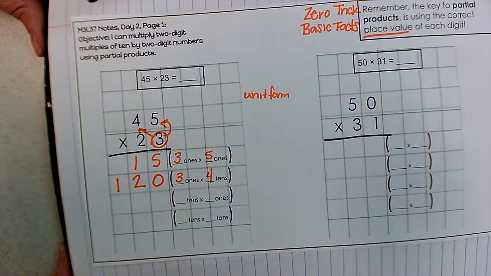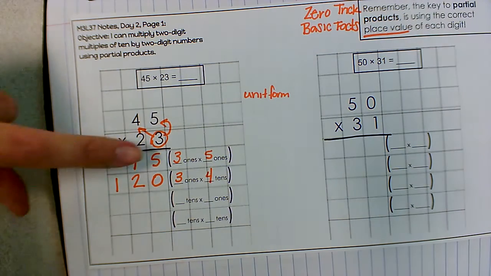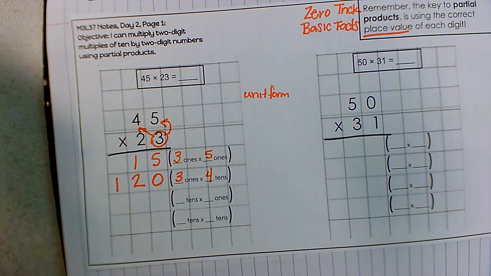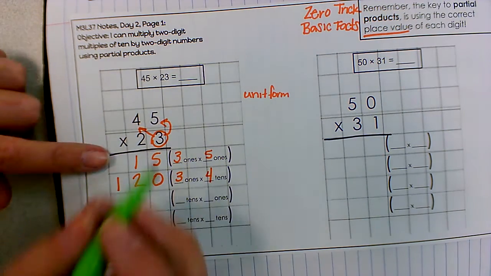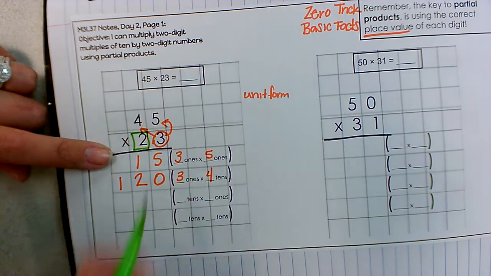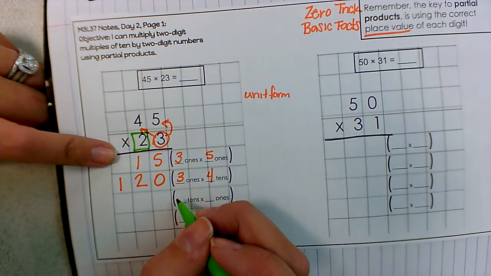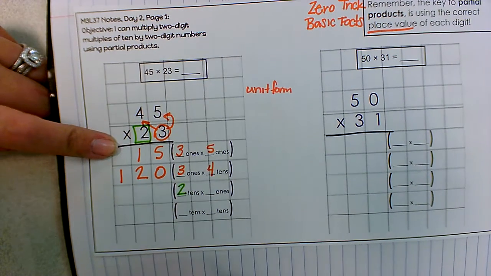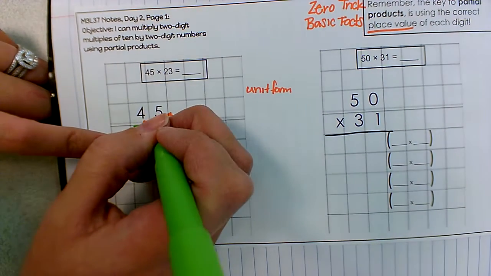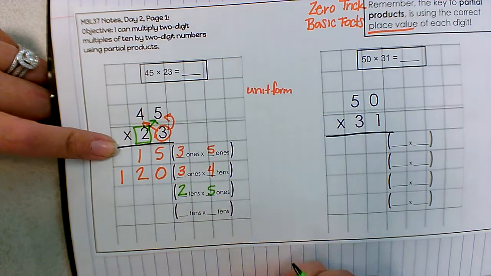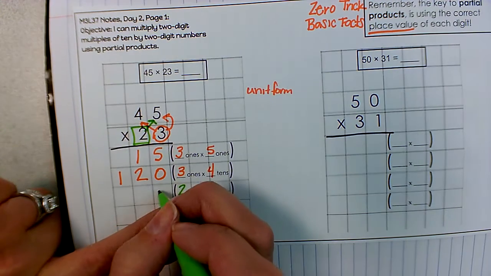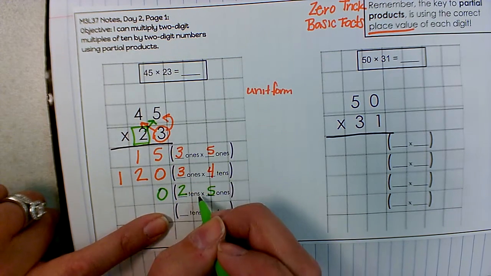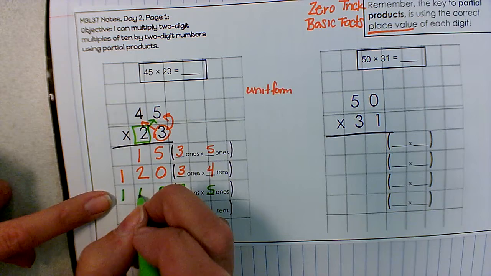All right, let's come back. My 3 has traveled to the 5, and my 3 has traveled to the 40. Now I want to work on this 2. But it's not just a 2, it has 2 tens times my 5 ones. So because it has 2 tens, I know there's a 0, and 2 times 5 equals 10.